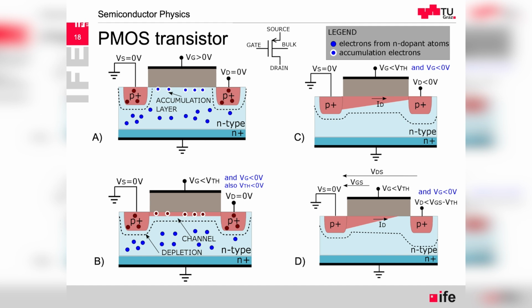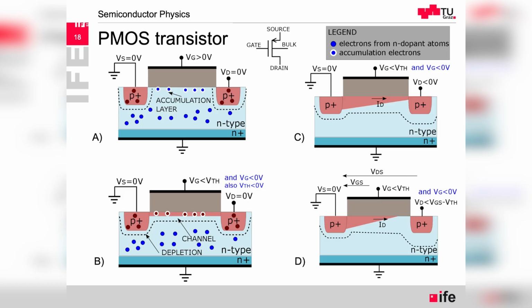At some point, when we reach the threshold condition, the gate voltage is negative and the threshold voltage is negative, and the gate voltage is negatively increasing, being already below the threshold voltage, then we have the channel.